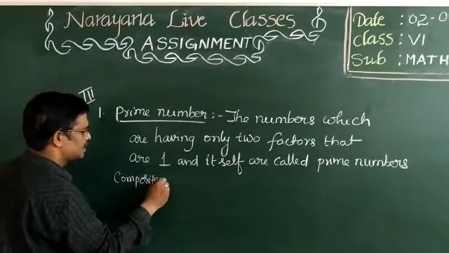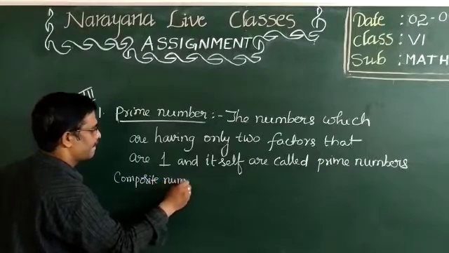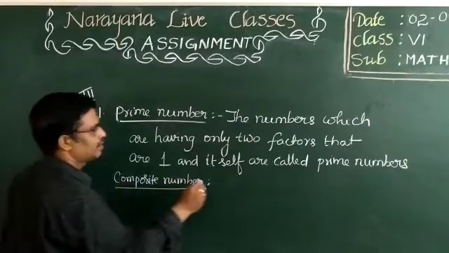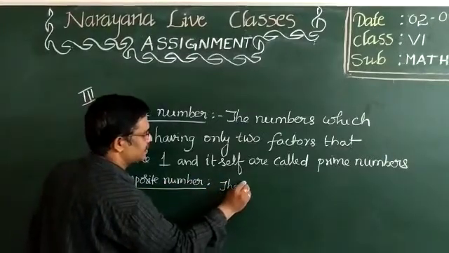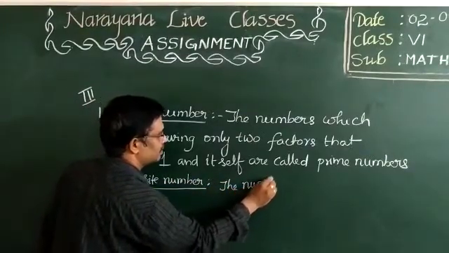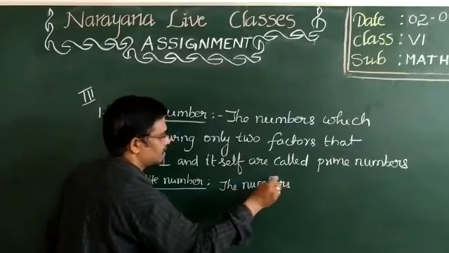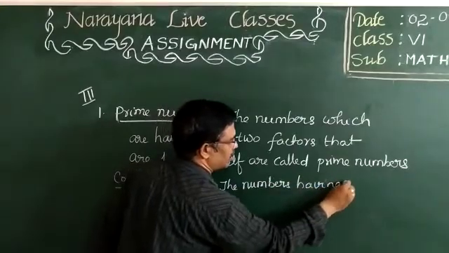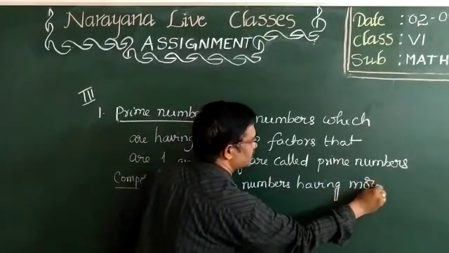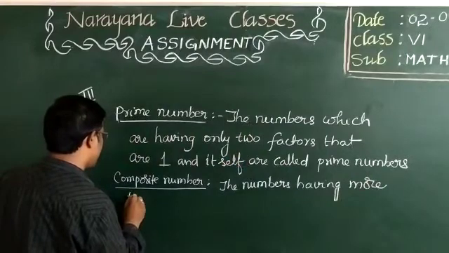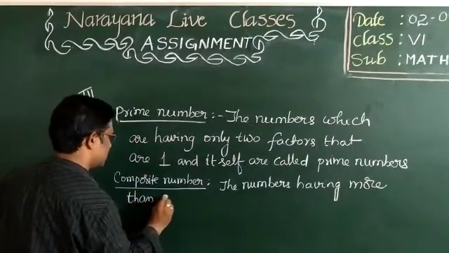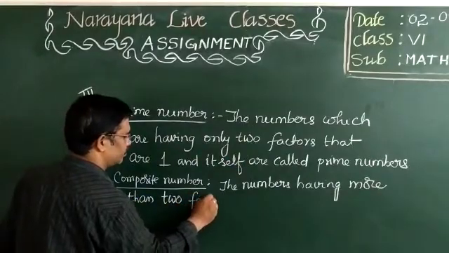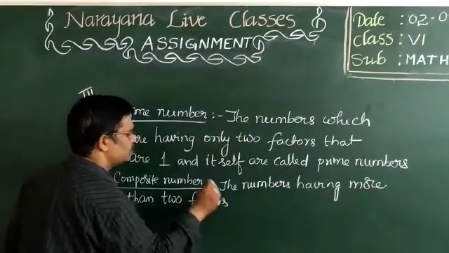Next, composite number. The numbers having more than two factors, that means it should have minimum 3.